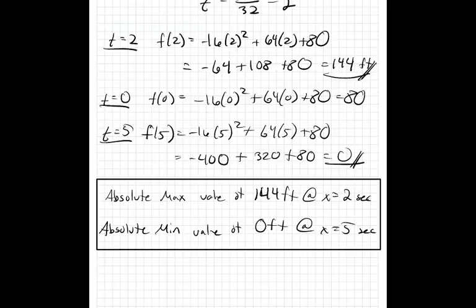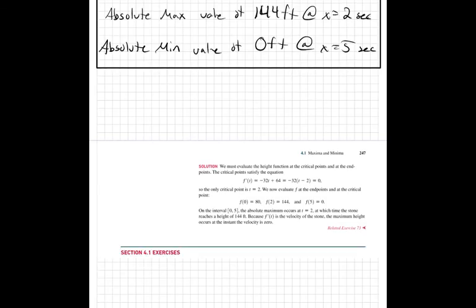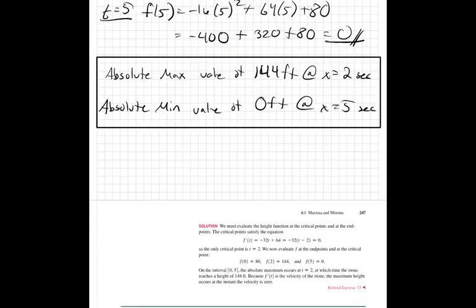Okay, let's see, how do we do? We said the absolute maximum occurs at t equal to, oh, I put x, let's change this to t. t equals 2, at which the stone reached a height of 144 feet.